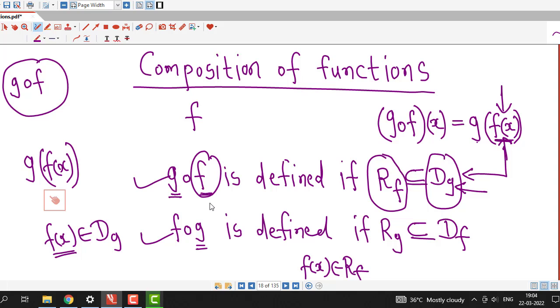And if we consider this arrow, then range of this first function must be contained in the domain of this function. Or we can remember in this way also. We remember this definition, g∘f at point x is given by g(f(x)).